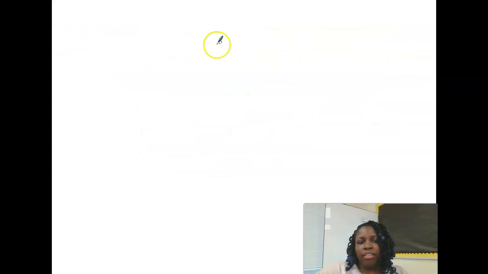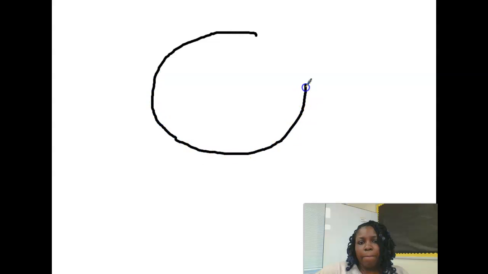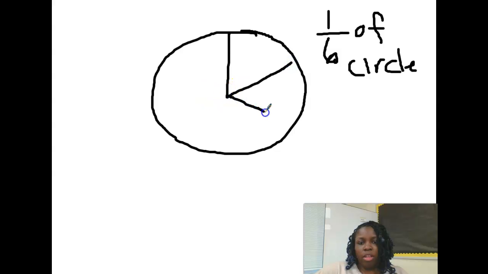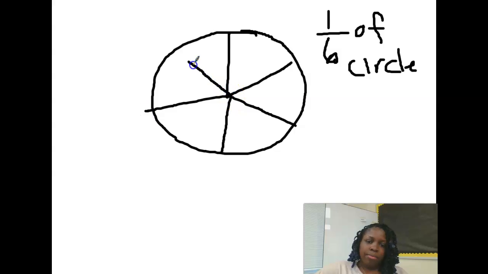All right, so let's look at this. What if I want to know how many degrees is 1/6 of a circle? Or if 1/6 is shaded, how many degrees is that? That means I have to break this apart into 6: 1, 2, 3, 4, 5, 6.